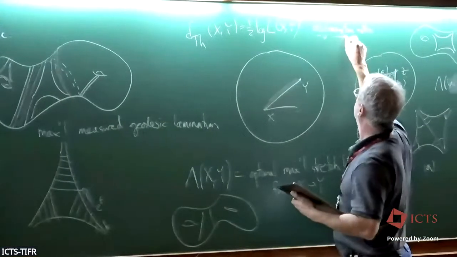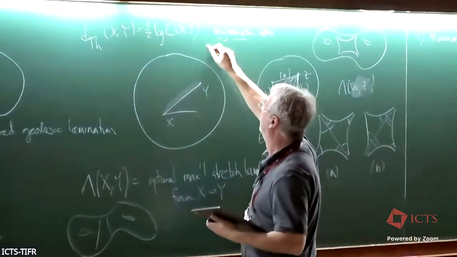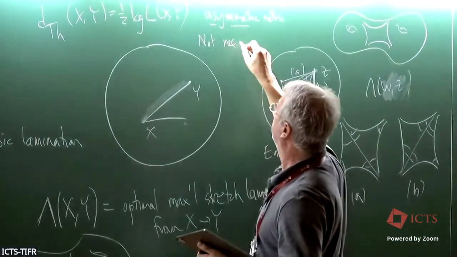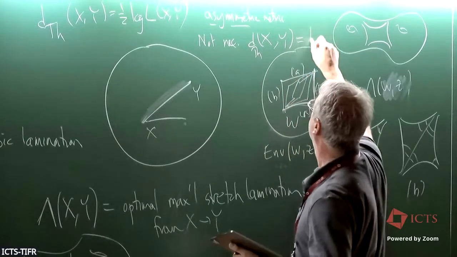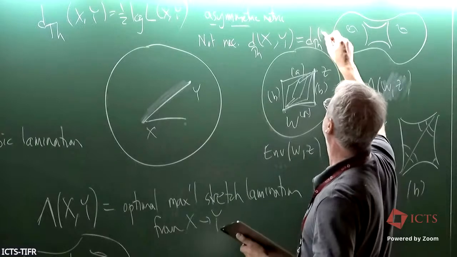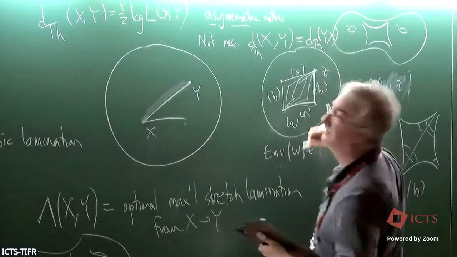Okay, one more thing about this metric is that this is an asymmetric metric. In other words, it's not necessarily true that the distance in the Thurston metric from x to y equals the distance in the Thurston metric from y to x.